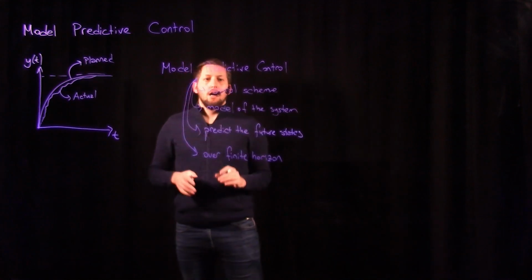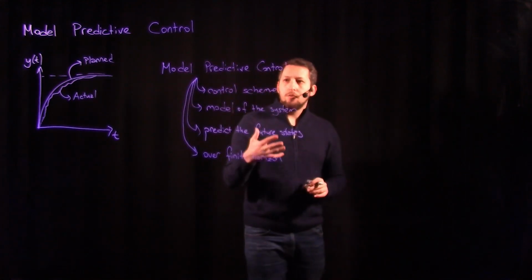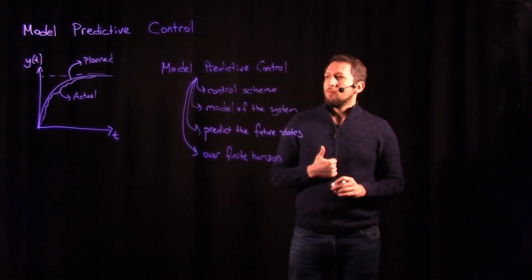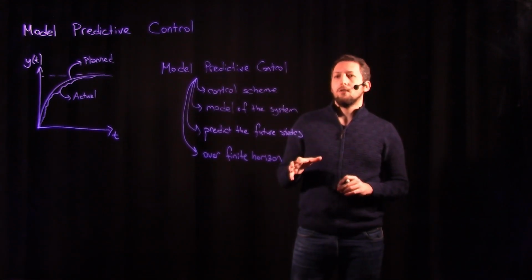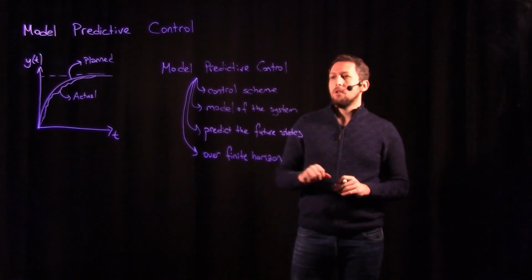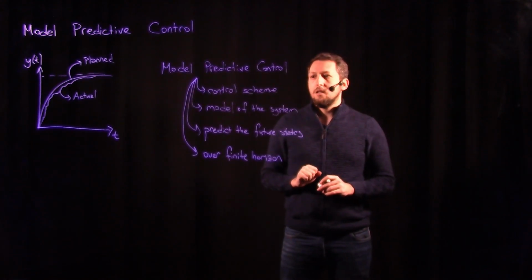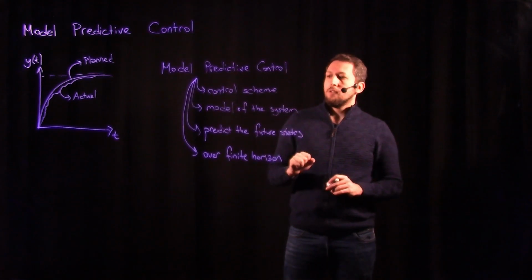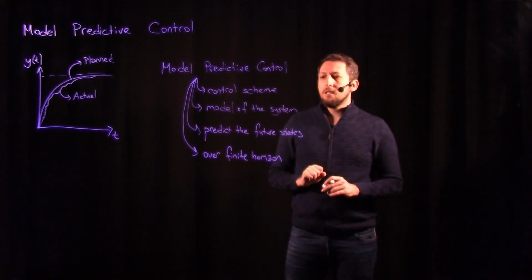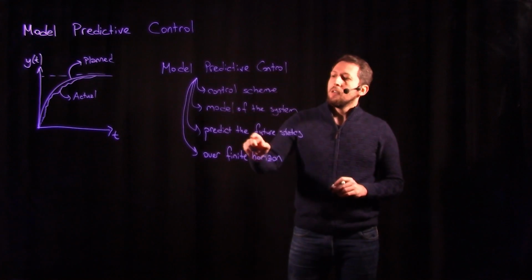Here, as I said, I was aiming to make an informal definition of this, and I have summarized the most important concepts for model predictive control. We are aiming to determine a control scheme for the system of interest, and of course we need a mathematical model of our system.